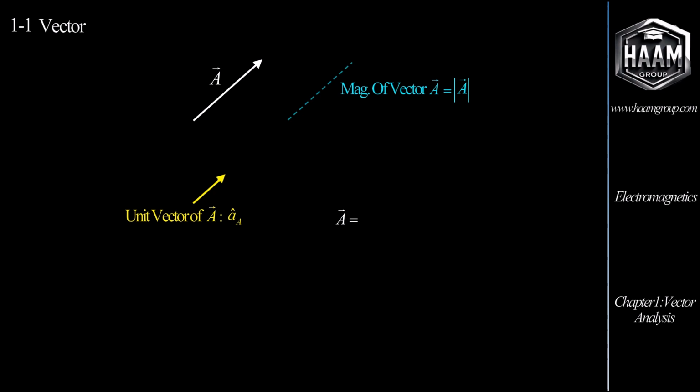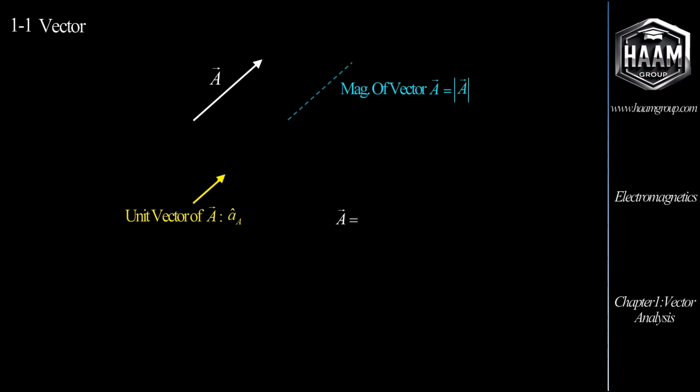In physics, and especially in electromagnetics, a unit vector is commonly used to describe a vector whose magnitude is exactly 1 while its direction is identical to that of the original vector A.